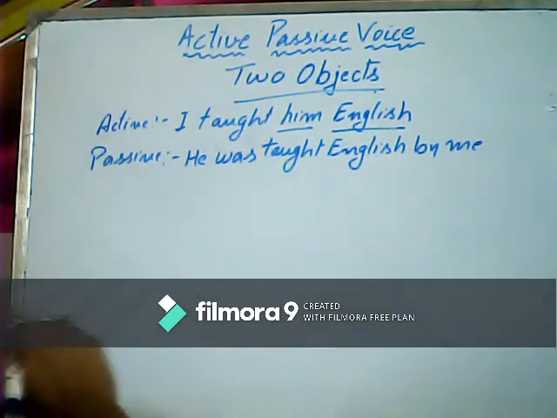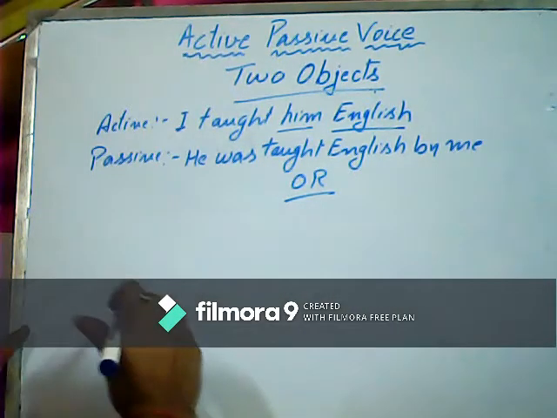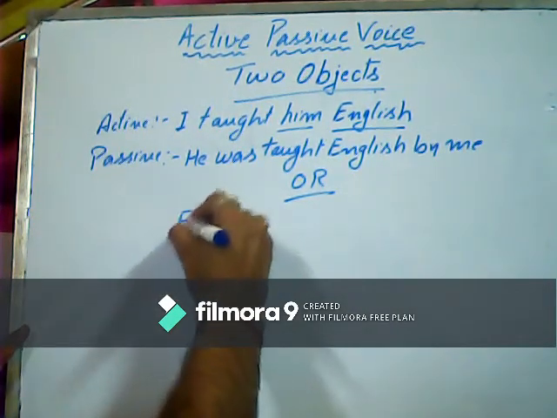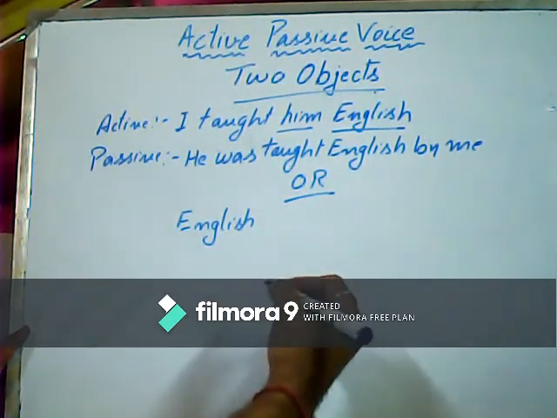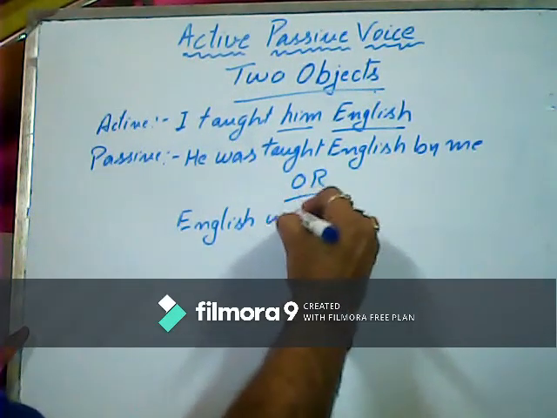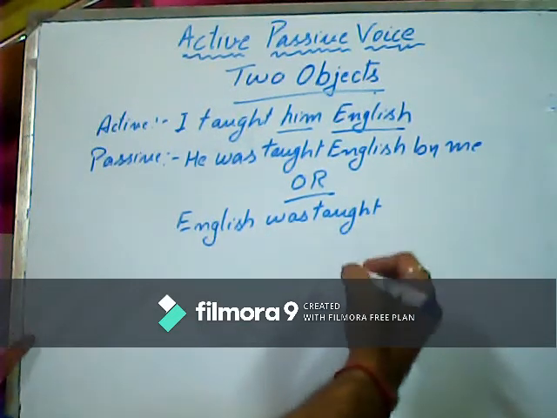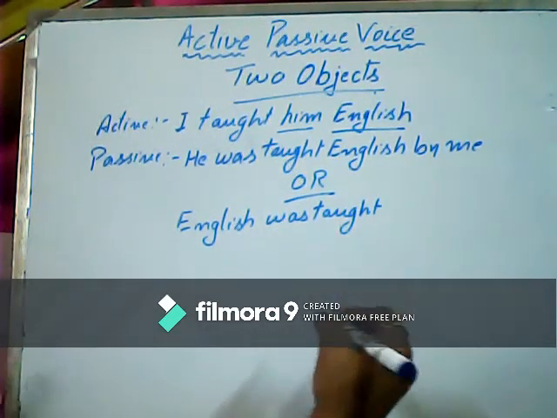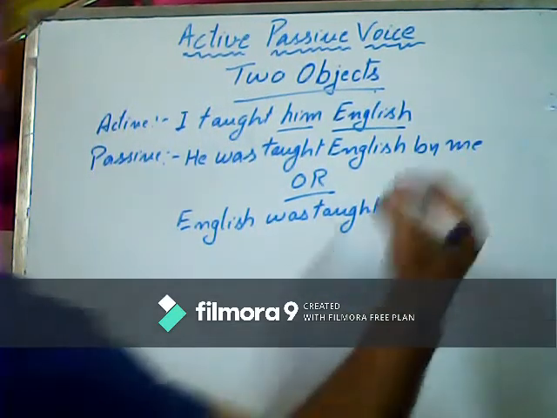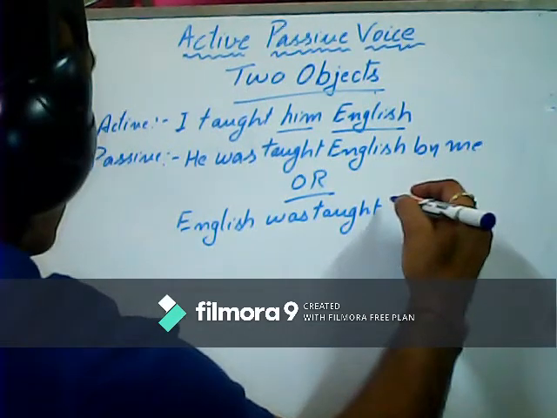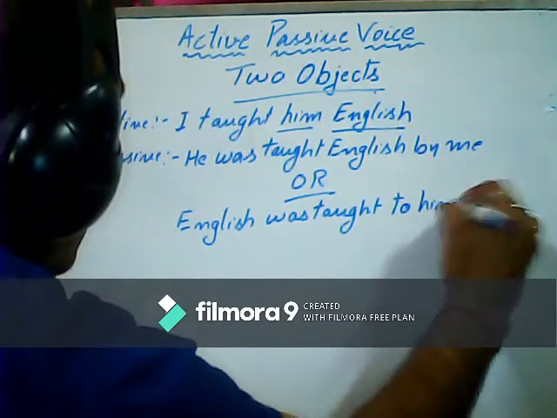Now this will remain the same: he was taught English by me. I will change it to me. Or we can make it differently: English was taught to him by me.